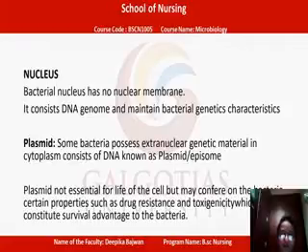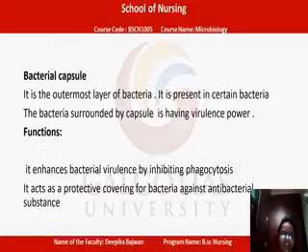Now we come to the next structure, that is the bacterial capsule. The capsule is the outermost layer present in certain bacteria. Bacteria surrounded by a capsule have more virulence power.